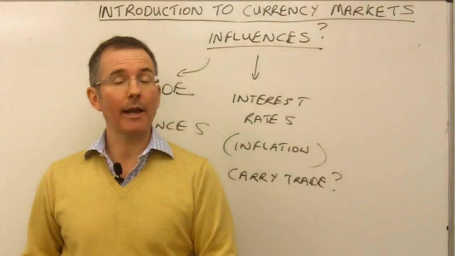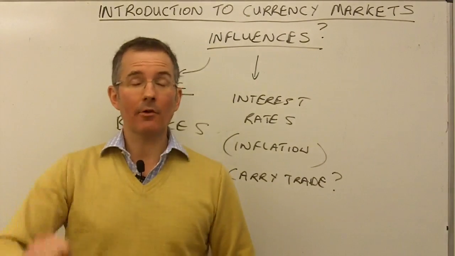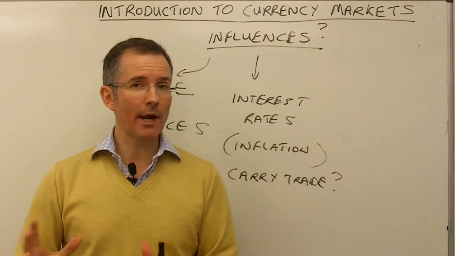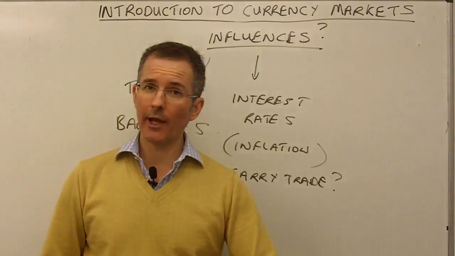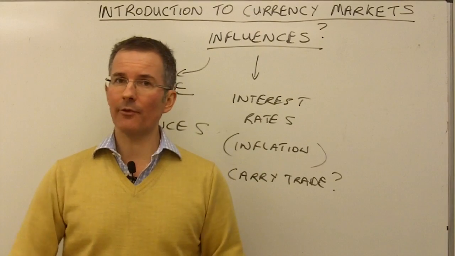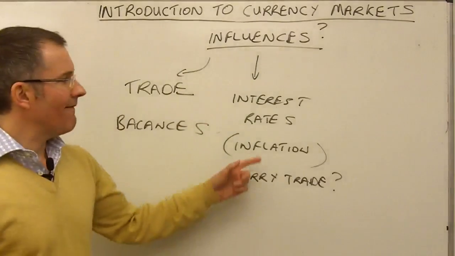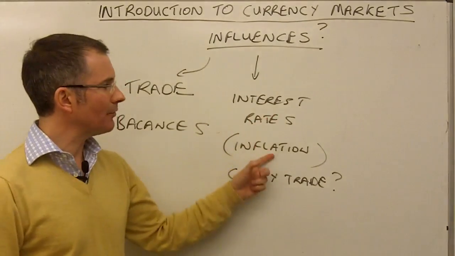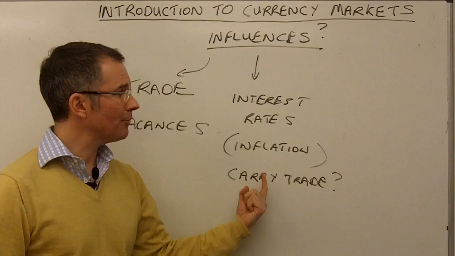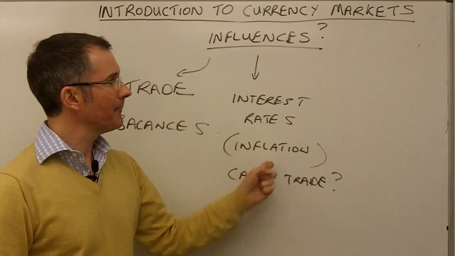Much stronger economy, arguably, and interest rates tending to rise up. So there are people out there who'll take advantage. Carry traders will borrow cheap currencies as they see it and try and invest in more expensive ones, which tends to mean ones with higher interest rates. Okay, inflation tends to drive interest rates. As inflation rises, interest rates tend to go with it. So there's a natural link there.